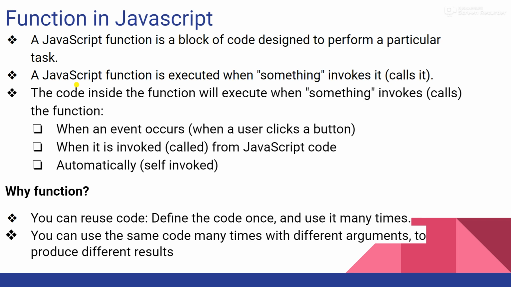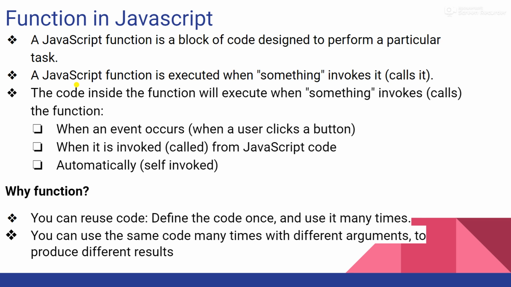Number one, when an event occurs. Suppose there is a button on my form and I want to perform some particular task when I click the button. So what will be my event? Clicking, right? So when a user clicks a button, a function could be called. Agree?